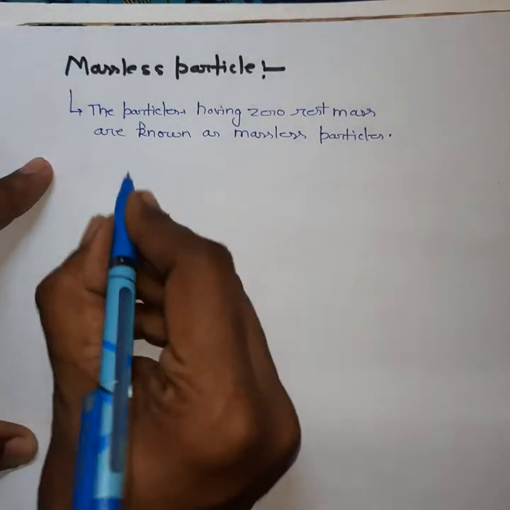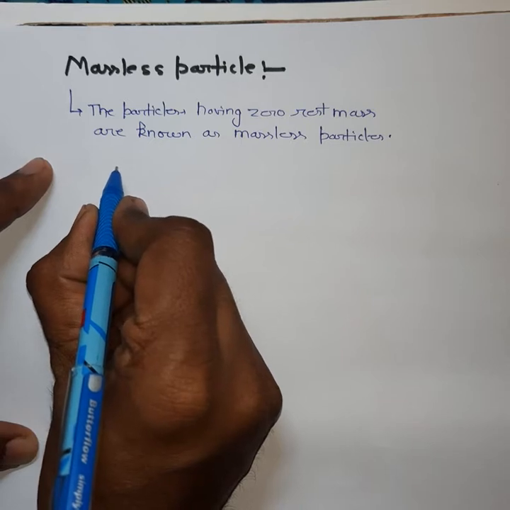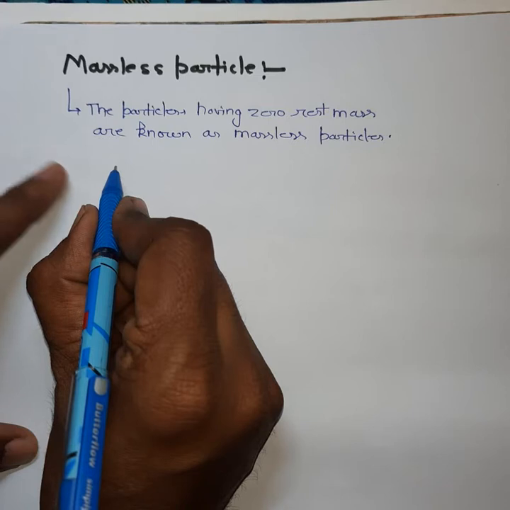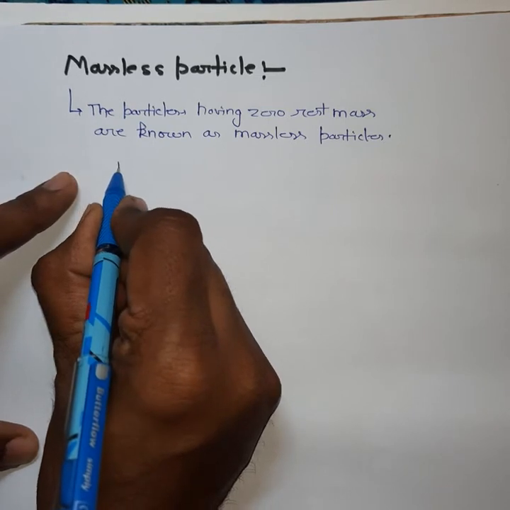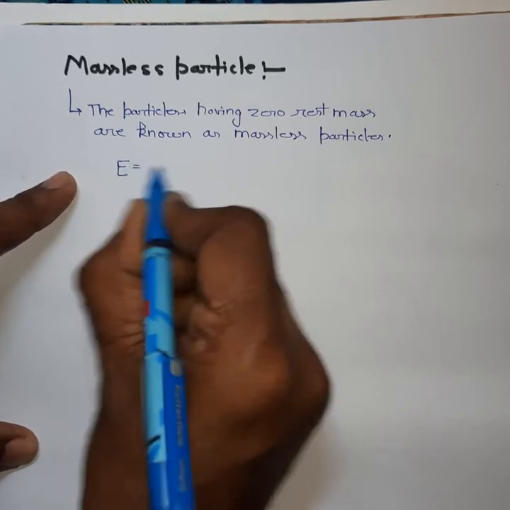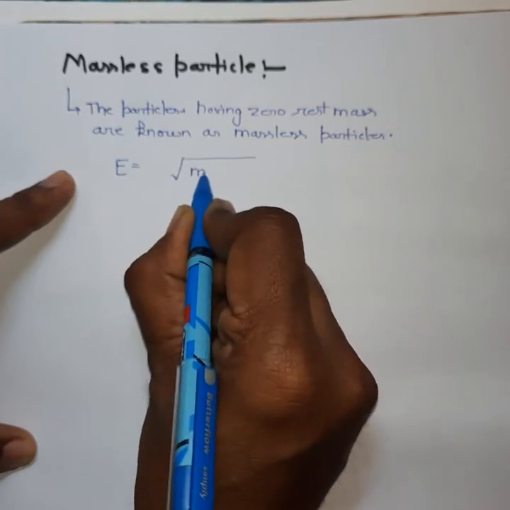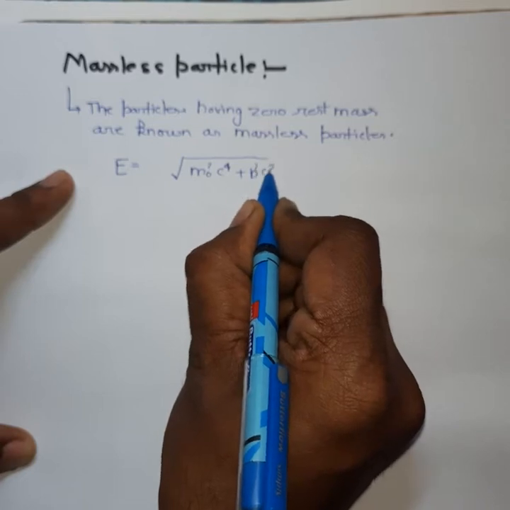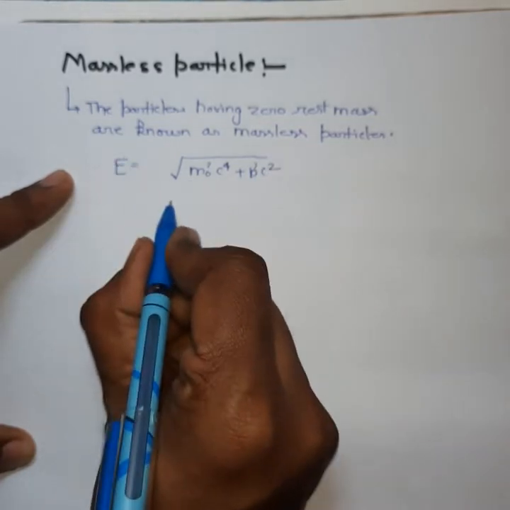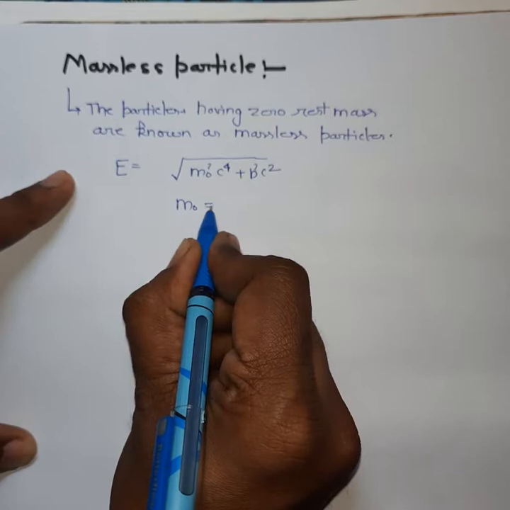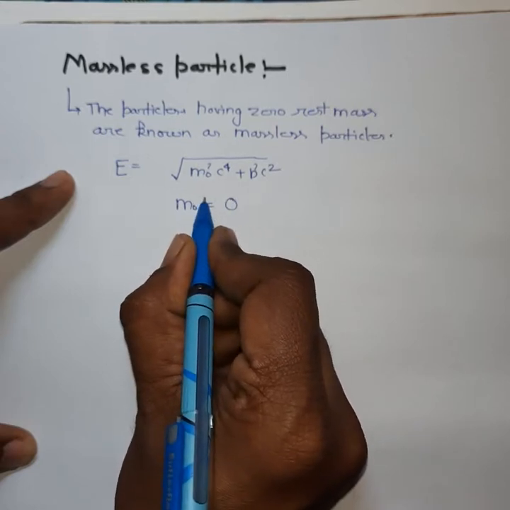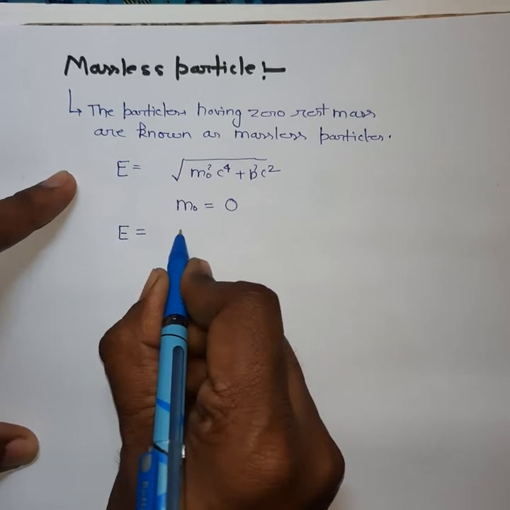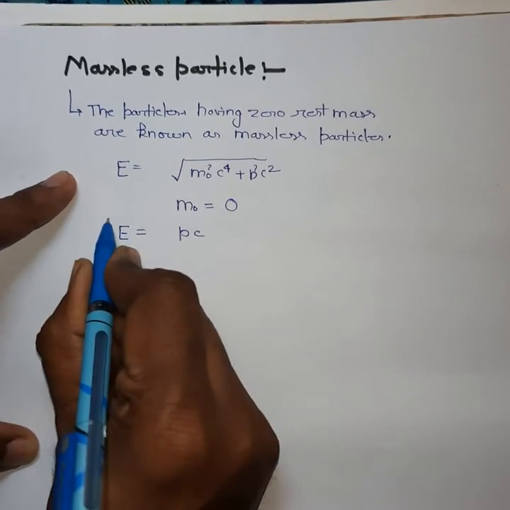Now we'll obtain the relation between energy and momentum of a massless particle. You know that the energy for a relativistic particle is given by the square root of m naught squared c to the power 4 plus p squared c squared. According to the definition of a massless particle, the particle which has rest mass 0 is called a massless particle. So the energy of a massless particle can be given as E is equal to pc.